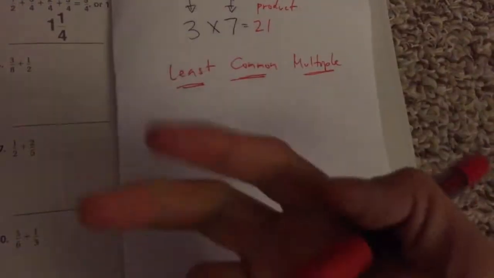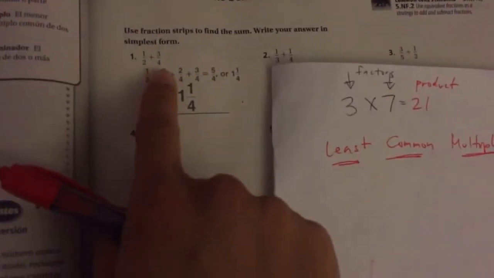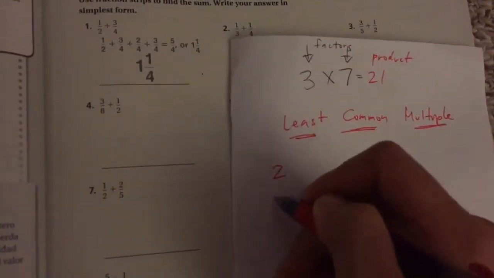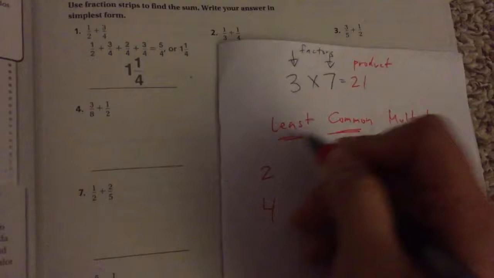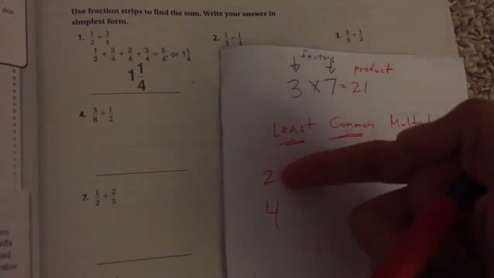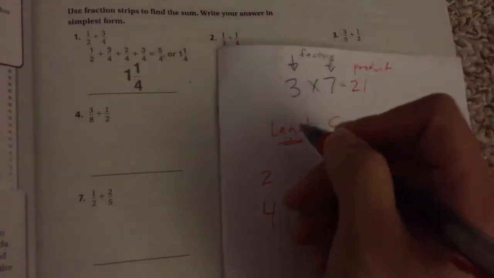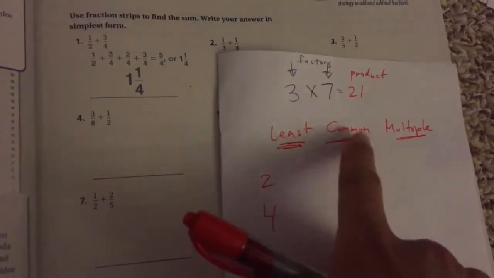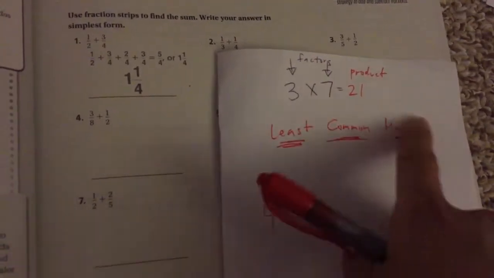So let's say I want to find the least common multiple between two numbers. Let's, for instance, because they did 2 and 4 here, let's say I want to find the least common multiple for 2 and 4. Least common multiple means that you're comparing two things. So we're comparing the multiples for 2 and 4. And when we're saying the least common multiple, we're looking for the smallest number that they both have the same in terms of their multiples.